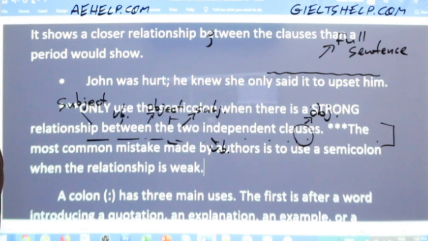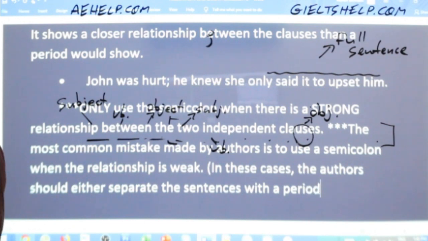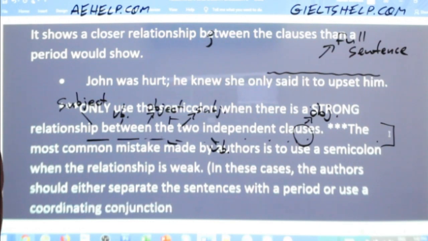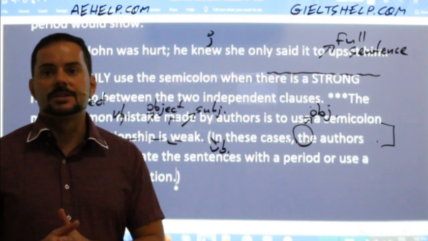In these cases, the author should either separate the sentences with a period or use a coordinating conjunction. Okay, so keep that in mind. All right, that's a very important point for the semicolon.